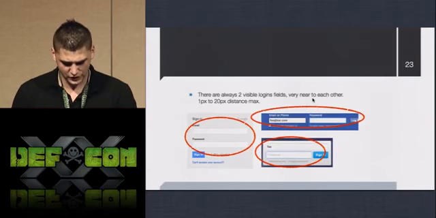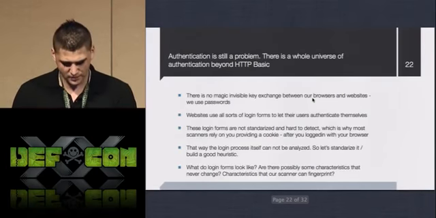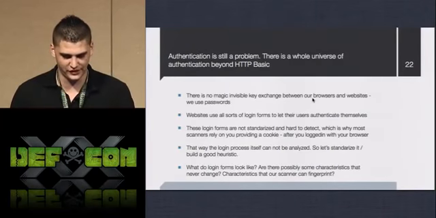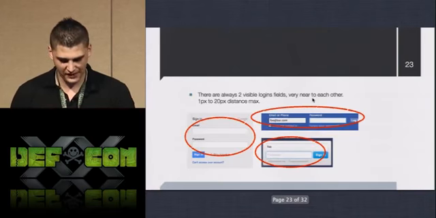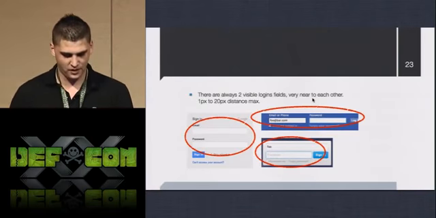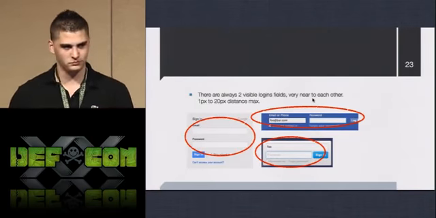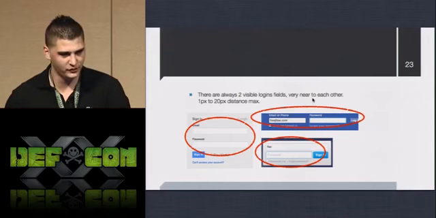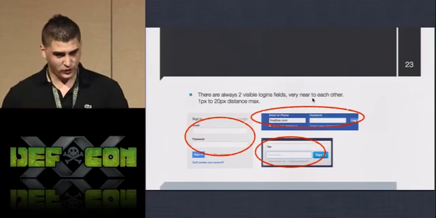And actually what I learned is there are 3 fingerprintable elements in today's web authentication. As this slide shows, there are always 2 visible text fields. The first one is for some kind of username or an email address. The second one is for a password.